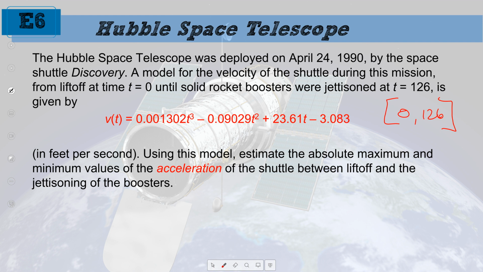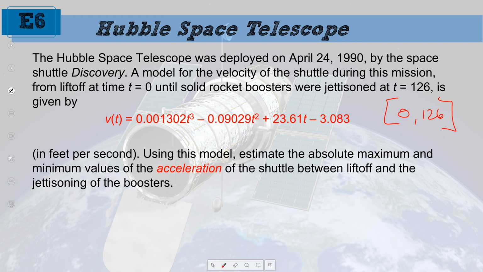Take the derivative of the velocity to get the acceleration, then take the derivative of the acceleration. Trivia question, anybody know what the derivative of the acceleration is called? Jerk. It is called the jerk. Set that jerk equal to 0, solve for critical numbers, test the critical numbers, and test the endpoints of the interval.